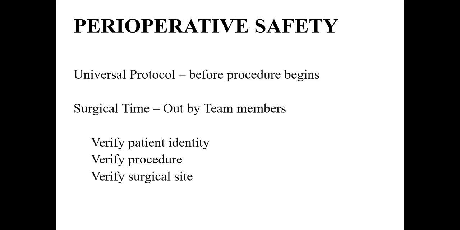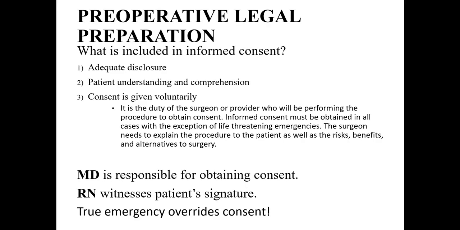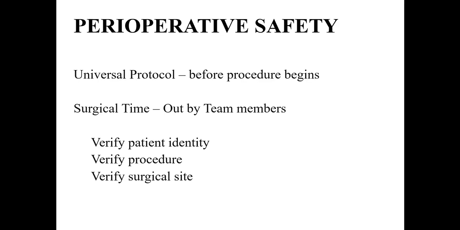The nurse's responsibility, safety, highest priority. You want to make sure, like I said, to identify the patient, the procedure, the surgical site. We talked about that. We want to make sure in surgery. So now we've kind of moved into surgery.